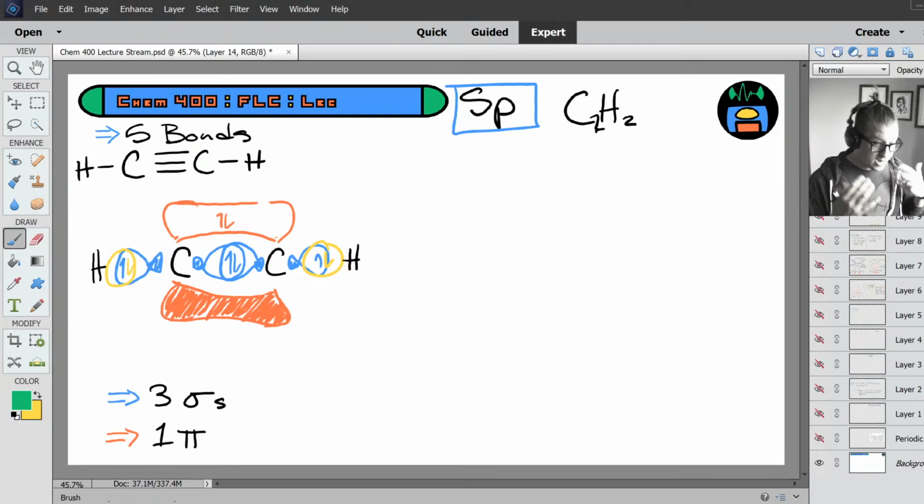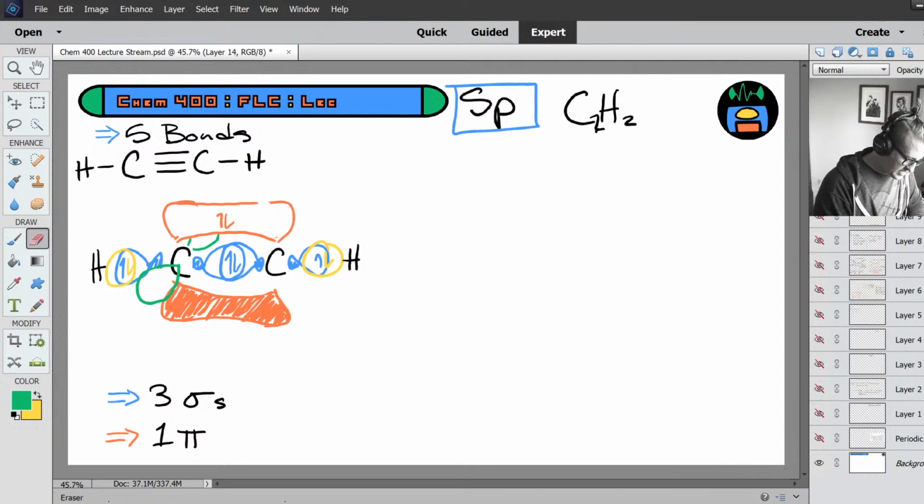All right. Now, admittedly, this is the hardest to draw for any of you who are taking notes in pen. This is where the pencil people will have an advantage. Because the thing is, the px orbital for the first carbon comes out of the board and then back into the board.